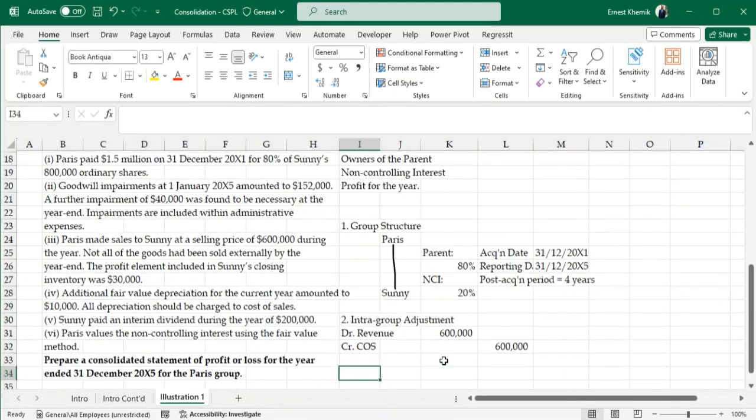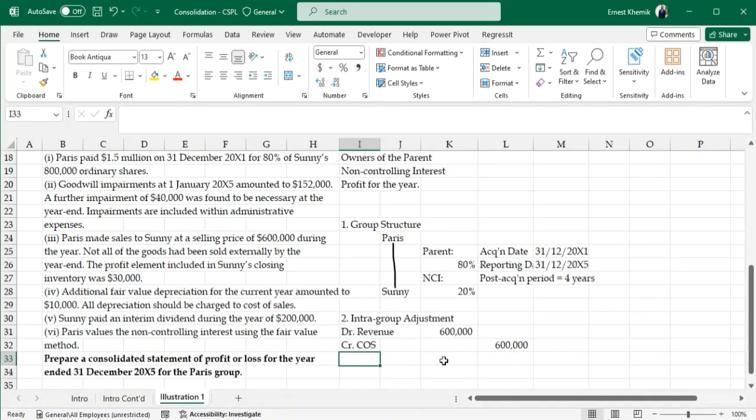Then there is an element of unrealized profit, when the sale was done at a profit and the goods in inventory have not been sold. In the consolidated financial statements, we are presenting the financial statements as those of a single economic entity, which means that everything we are doing here should be net of any profit that we might make within ourselves.